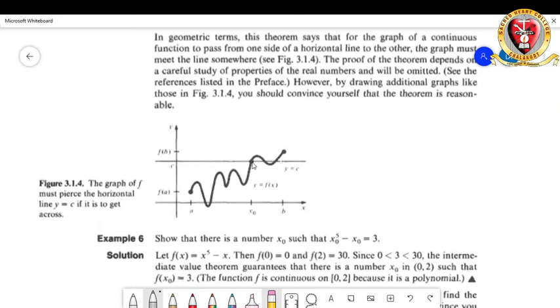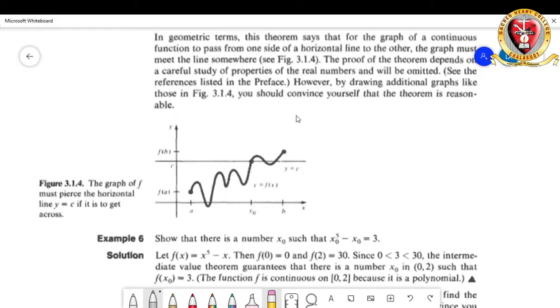That's what the intermediate value theorem says, because that point will be the corresponding x naught which lies in between a and b, such that f of x naught is equal to c. So in geometric terms, this theorem says that the graph of a continuous function will pass from one side of this horizontal line to the other by intersecting or meeting the line somewhere.